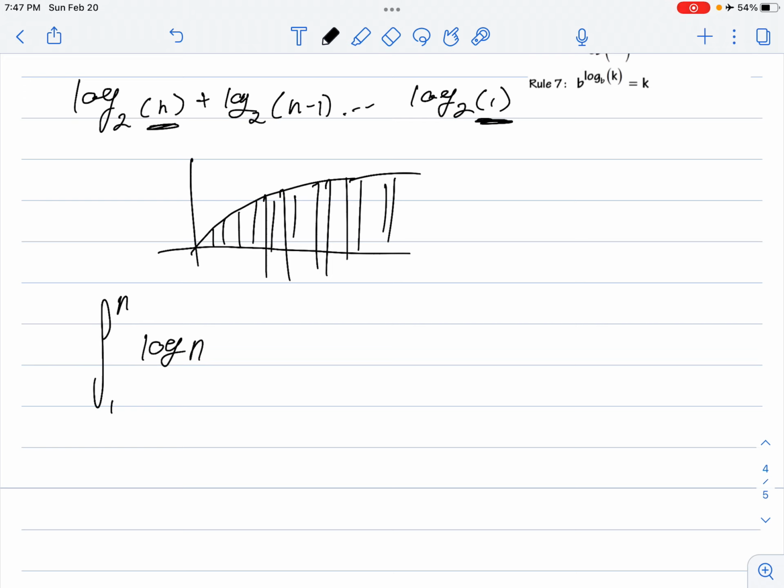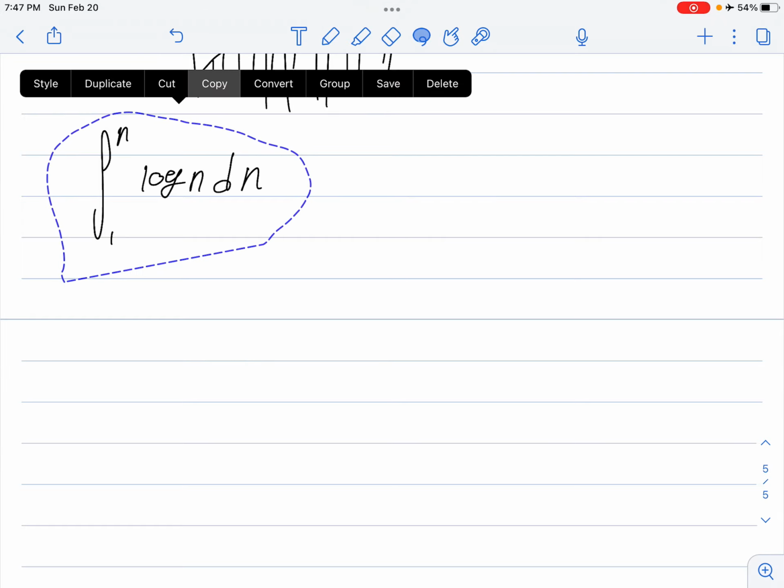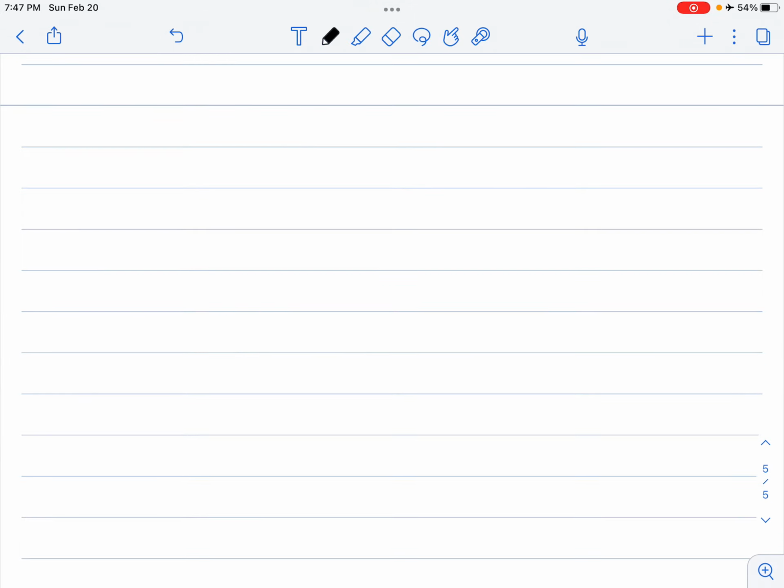And so with respect to n, I think we'll need integration by parts. Let me grab this, maybe copy. And so I'll write that integration by parts formula down, in case anyone's calculus is a little bit rusty.